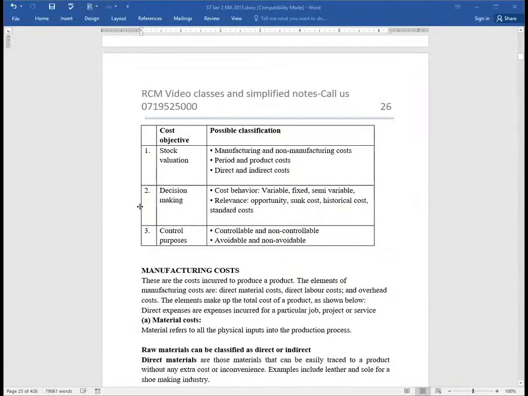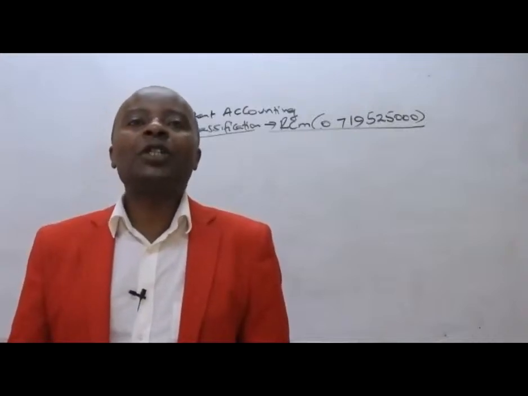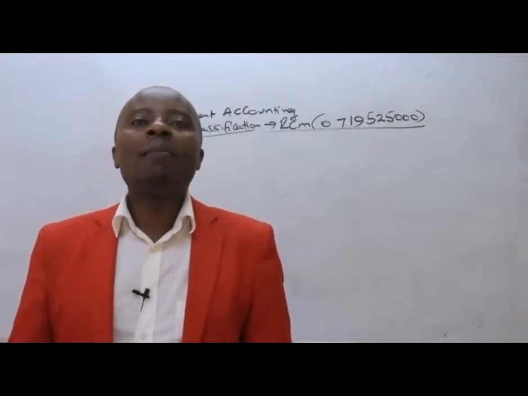Now here we are. The first classification that I would want you to understand is the manufacturing cost classification. This is a very special bucket that we shall be putting all those costs that go into our production, all those costs that are attributable to manufacturing.